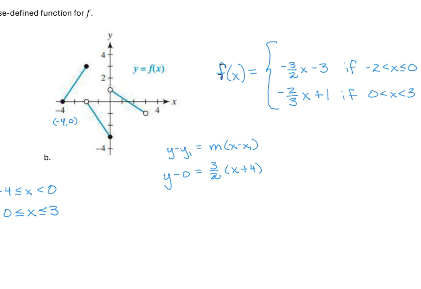All right, so y minus 0, that is just equal to y. And if we distribute the 3 over 2, we get 3 over 2 x. And if we multiply 3 over 2 times 4, we get 12 over 2, or 6.